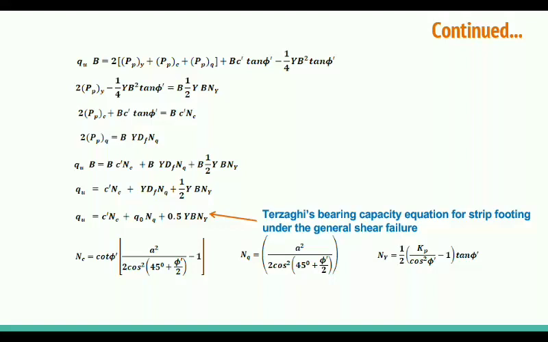Phi is the angle of shear resistance. So in this equation we only have to take care of how we calculate the overburden pressure, right? Where a is equal to e to the power 2 times 3 pi by 4 minus phi dash by 2 tan phi dash. Are you getting my point?